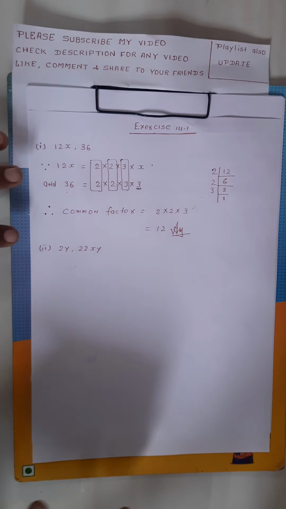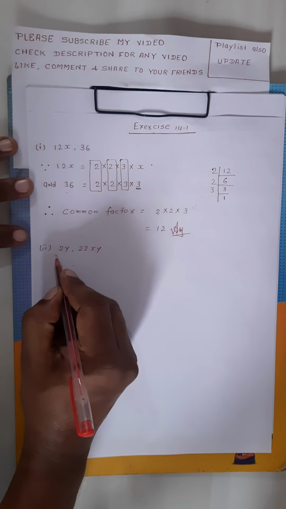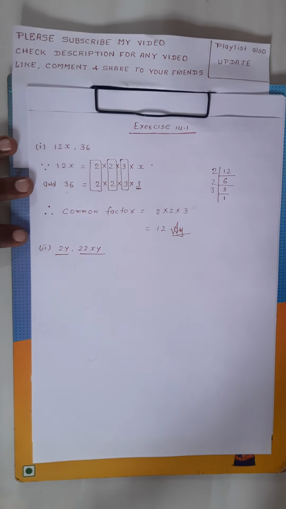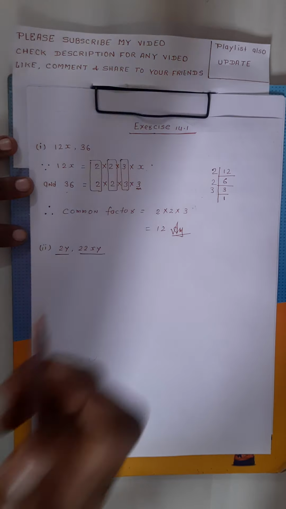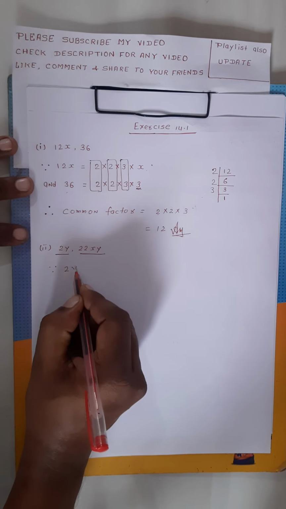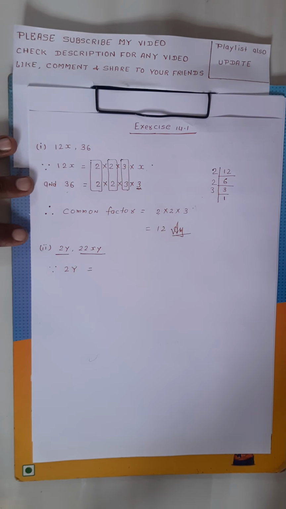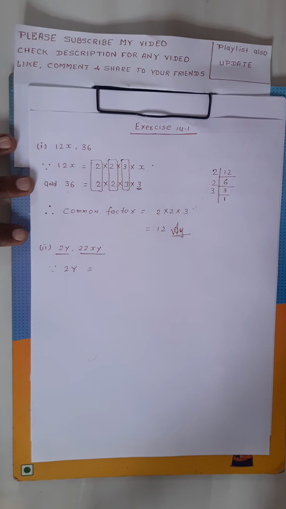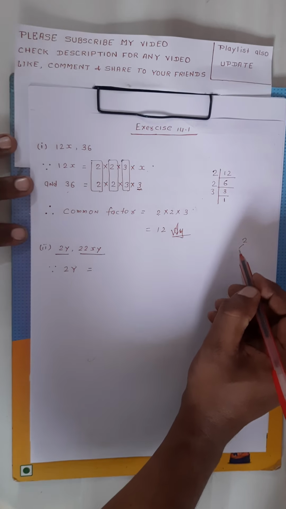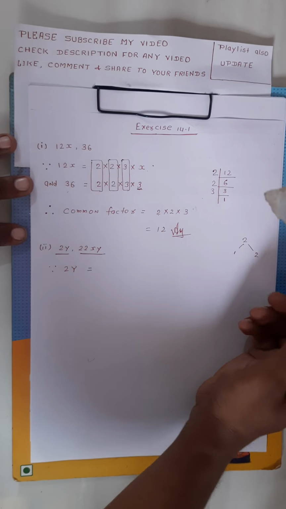Next question is 2y, 22xy. 2y is one term and 22xy is another term. Okay, so since 2y, if we will factorize the 2, what will come? 2 can be divided by only 1 or it can be divided by 2.